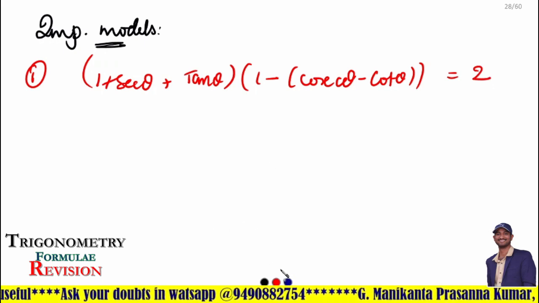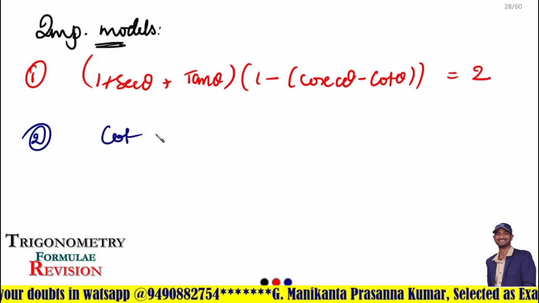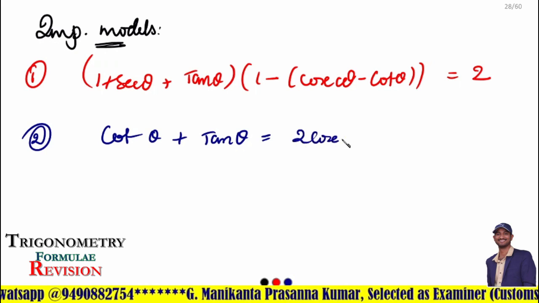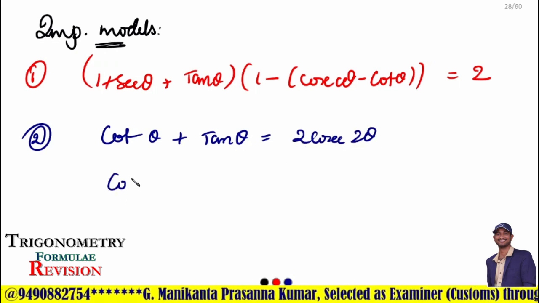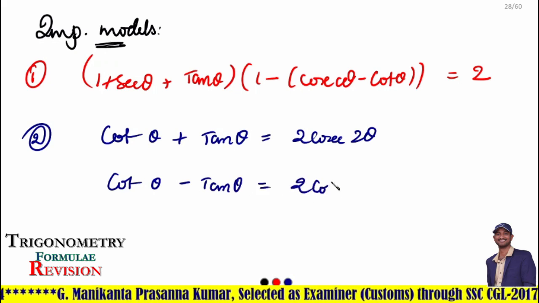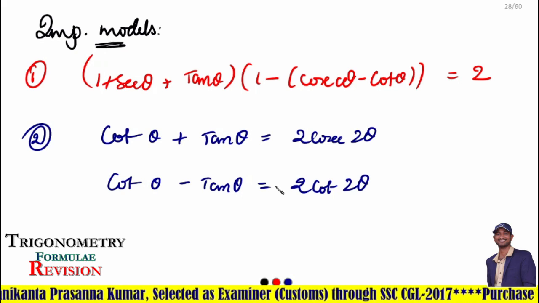And the second important one is cot theta plus tan theta is always equal to 2 cosecant 2 theta. Cot theta minus tan theta is always equal to 2 cot 2 theta. Important formulas, all these.